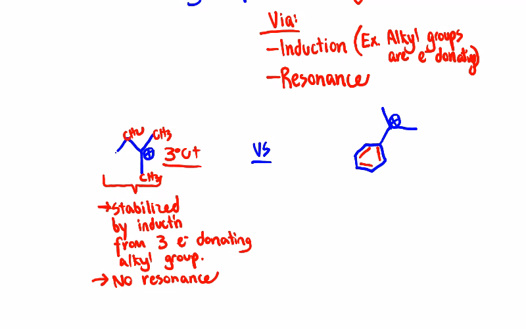So if we take a look at the structure of this, we would see that we could have some opportunities for induction here because we have our two CH3 groups here, for example. So there is some stabilization by induction here from the two alkyl groups, the two methyl groups.